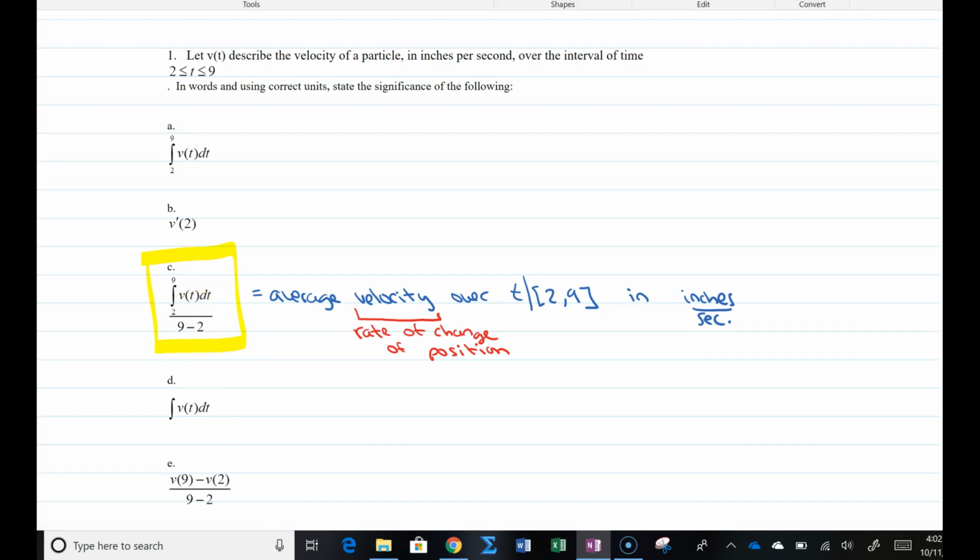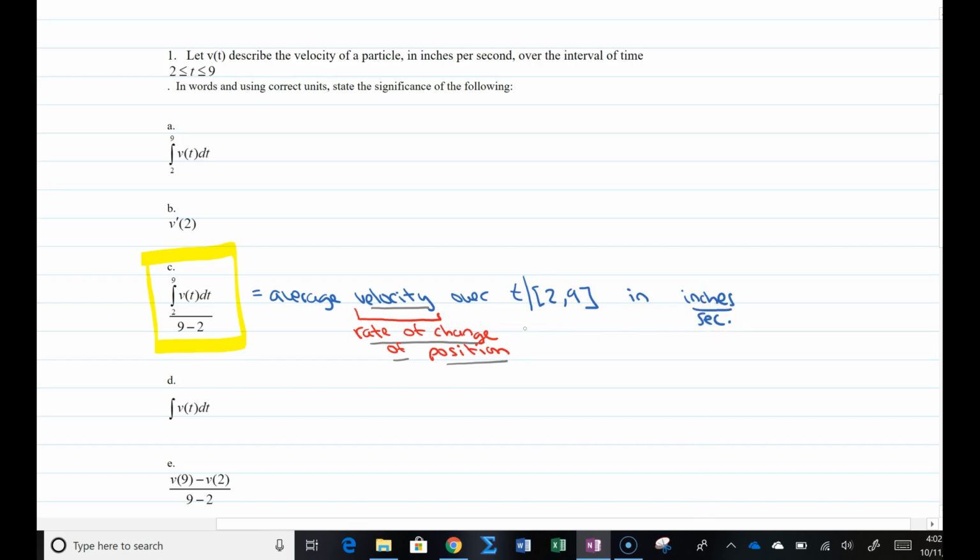You can call it the average rate of change of position over the interval of time from t equals 2 to 9, or you can recognize that average rate of change of position is no other than just velocity. So saying average velocity or average rate of change of position over time t equals 9 in inches per second, they are saying the exact same thing.